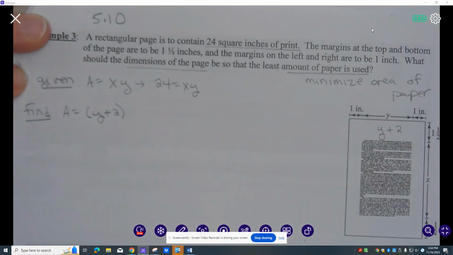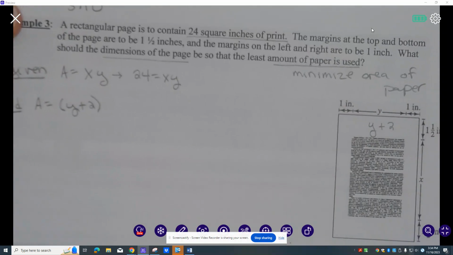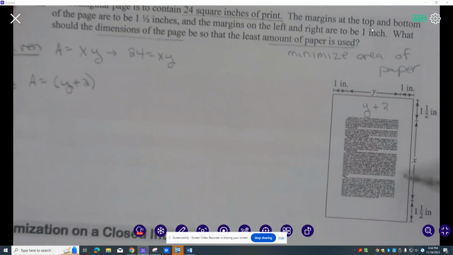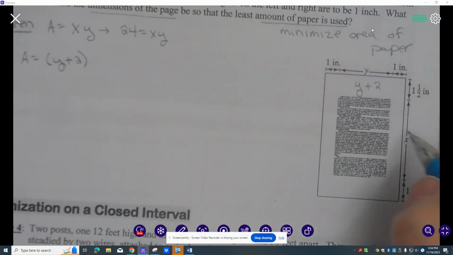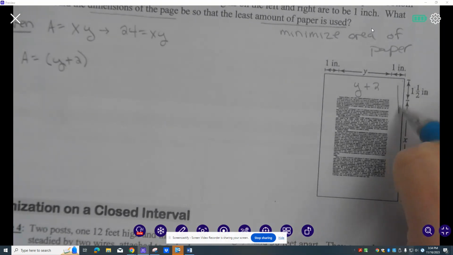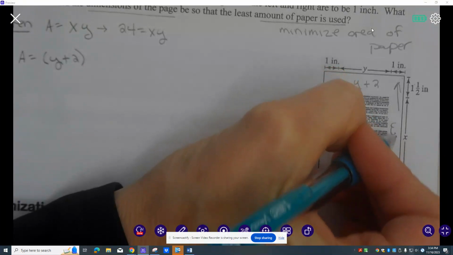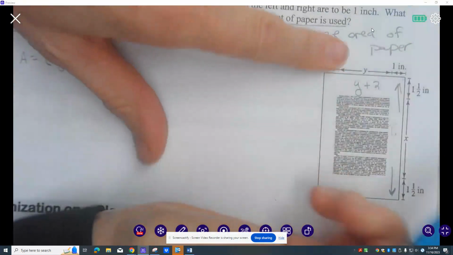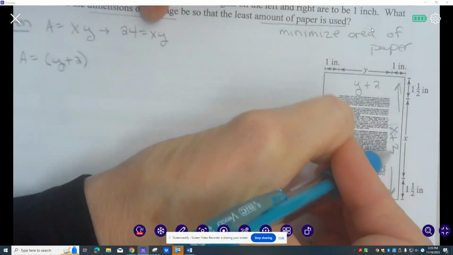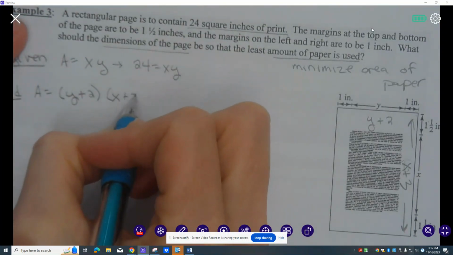Well, that would be Y plus 2. I need to zoom in here a little bit for you. And then the height or the length, whatever you want to call this, which is X. And I have to add in this 1.5 inches and 1.5 inches. So this full dimension from the top to the bottom would be X plus 3.